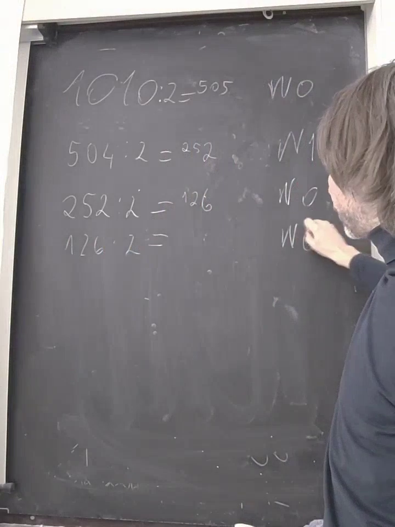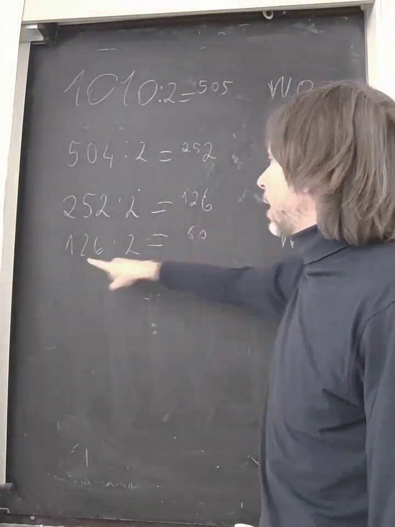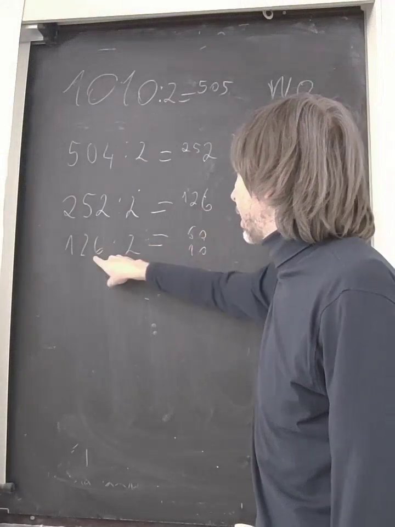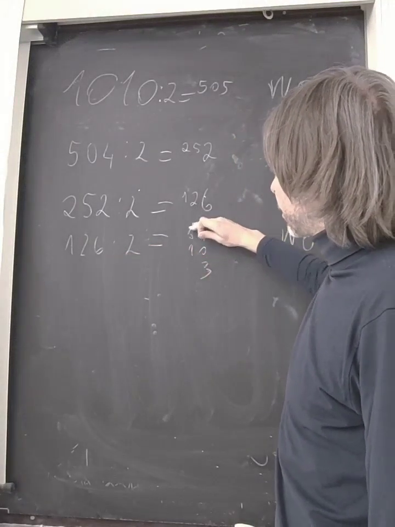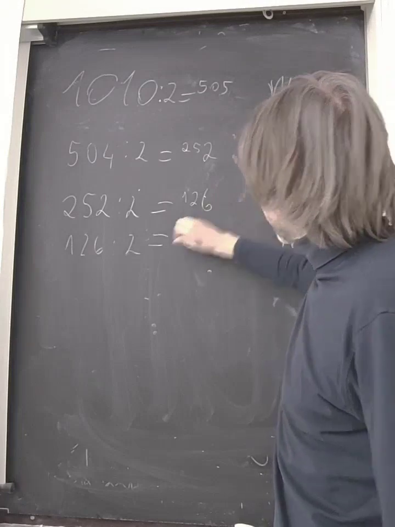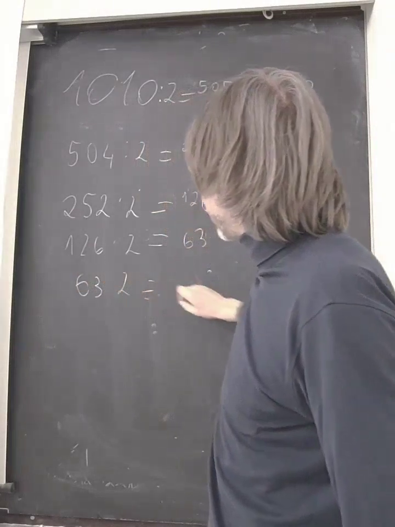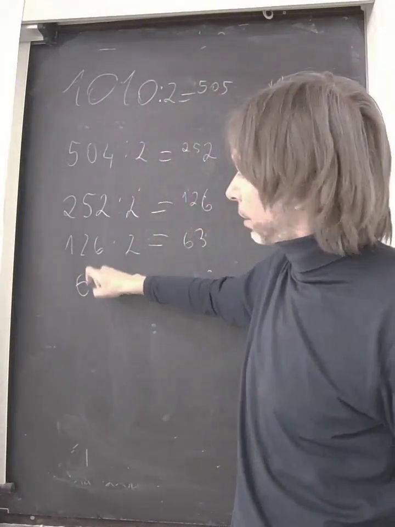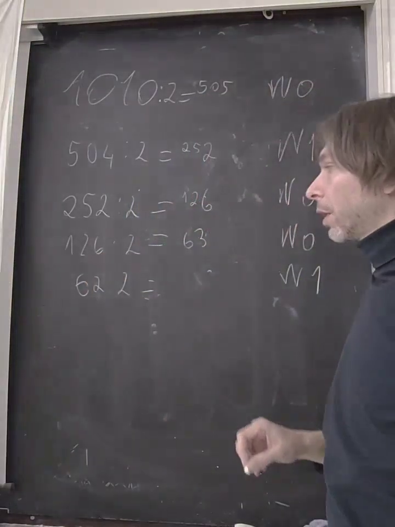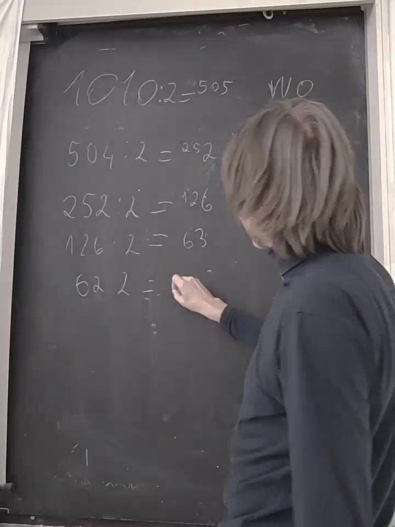126 has a waste of 0. The half of 100 is 50, the half of 20 is 10, the half of 6 is 3. In total, 63. Okay, 63 divided by 2 has a waste of 1, so I lower it. 62. 62 divided by 2 is 31.